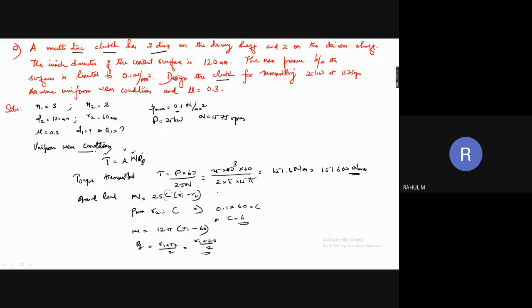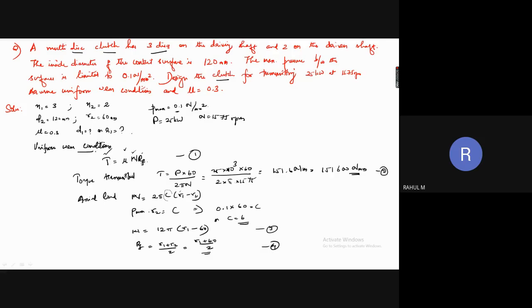So substituting these values, for example, let this be my first equation, let this be second, third, and substituting 2, 3, and 4 in 1.